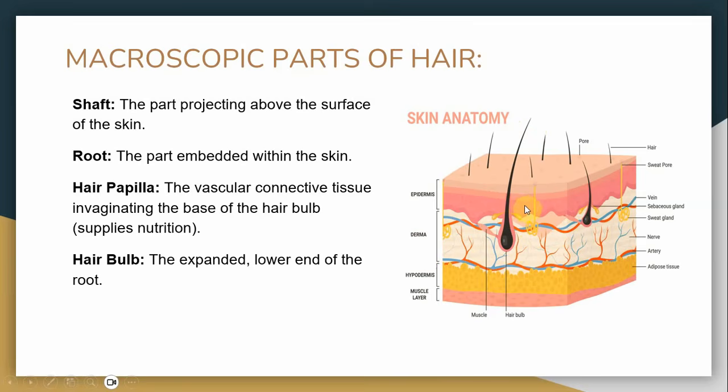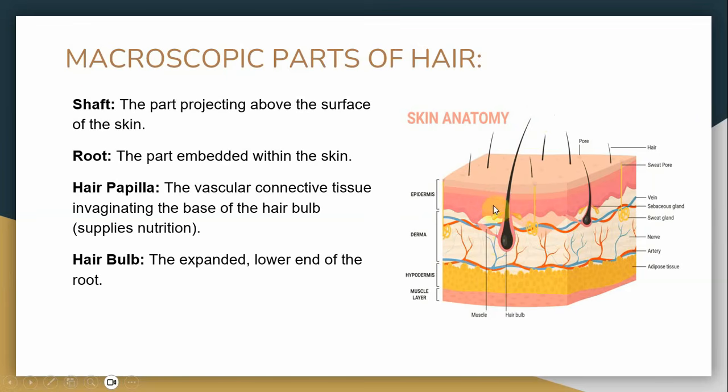The part that is deeply present within the skin, deep down to the dermis, is known as the root. Then the papilla is the vascular connective tissue invaginating the bulb of the hair, and it supplies the nutrition. So this broad part is known as the bulb of the hair. This projection that comes out of the skin is known as the shaft, and the connective tissue surrounding the bulb is known as the papilla.